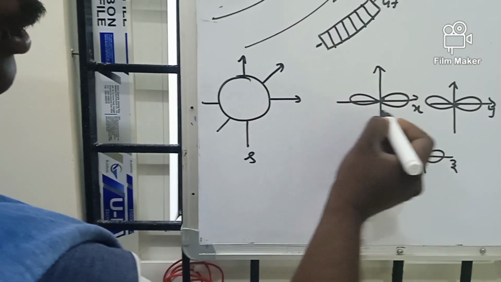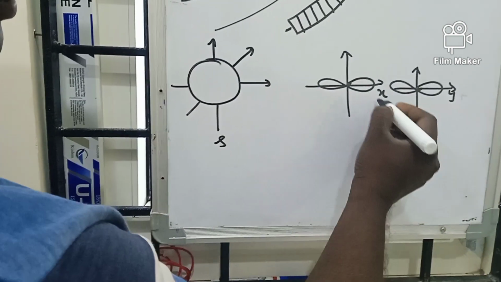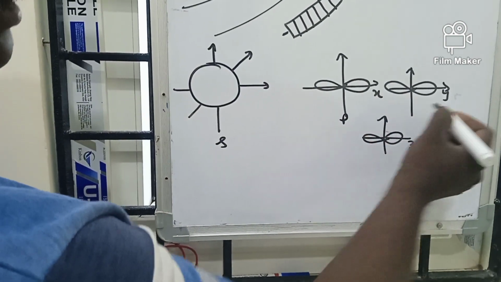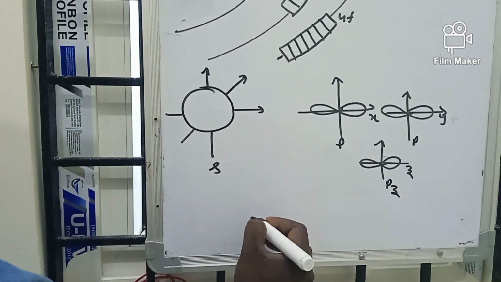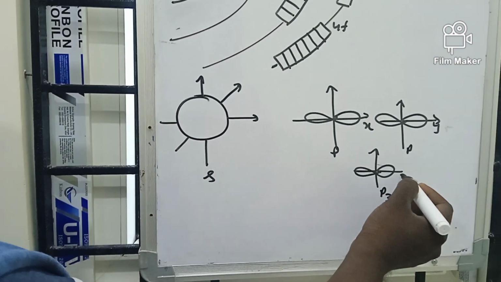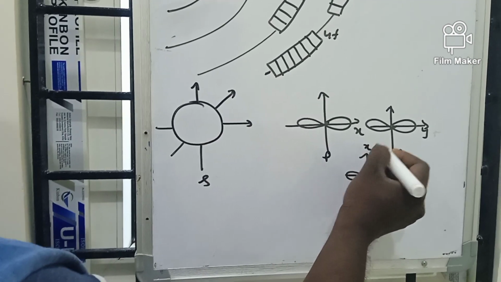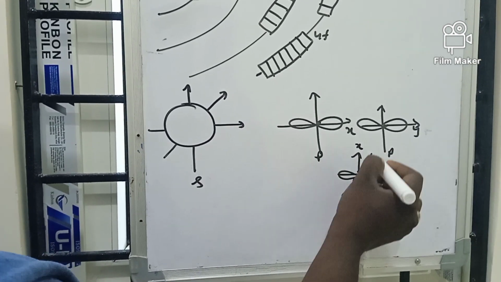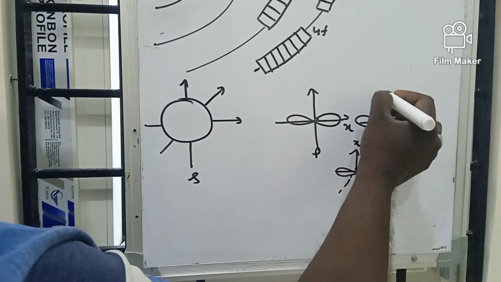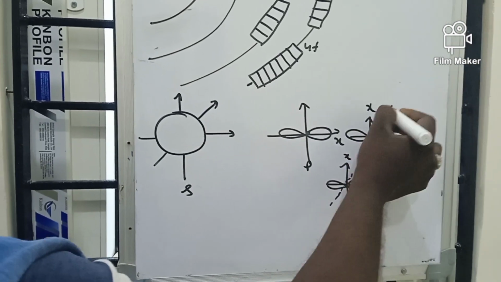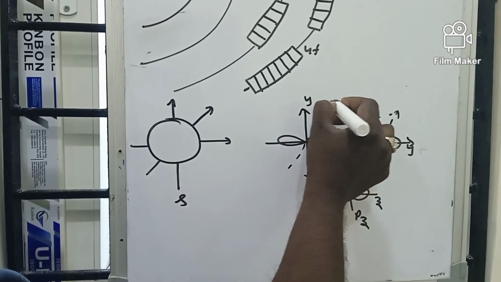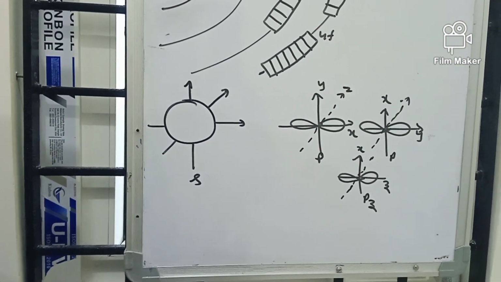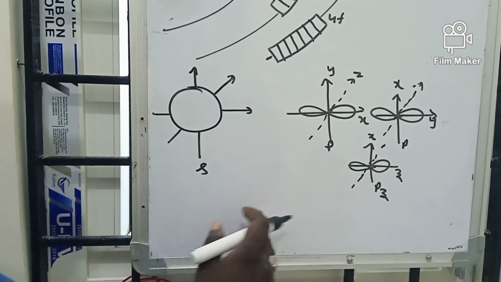For example, this is called the px orbital, py orbital and pz orbital. So suppose this is x and this may be the y axis. This is y, this may be x and this may be the z axis. This is x, this may be y and this may be the z axis. Like that, three mutually perpendicular axes we can take.